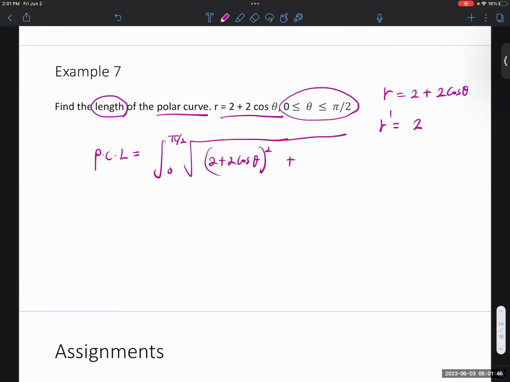The derivative of cosine is a sine, but is it positive or negative? Anybody remember? It is going to be negative, so it's going to be negative sine theta. So you have negative 2 sine theta. That's r prime. So we have negative 2 sine theta to the second power. Are we okay with that?